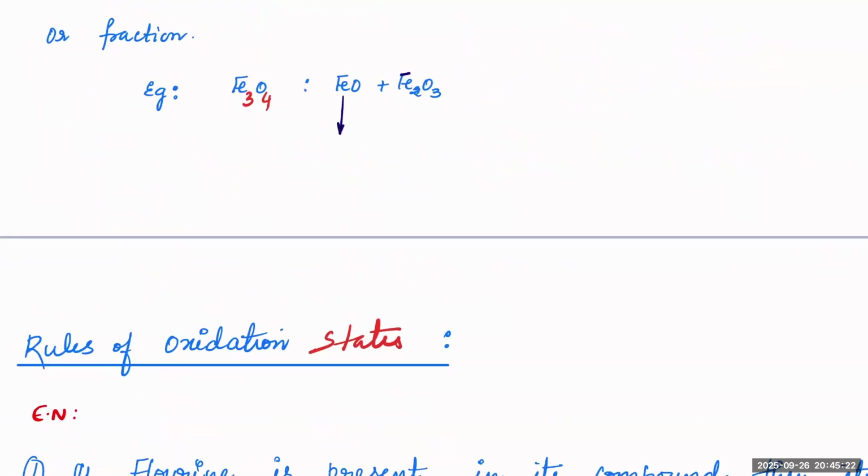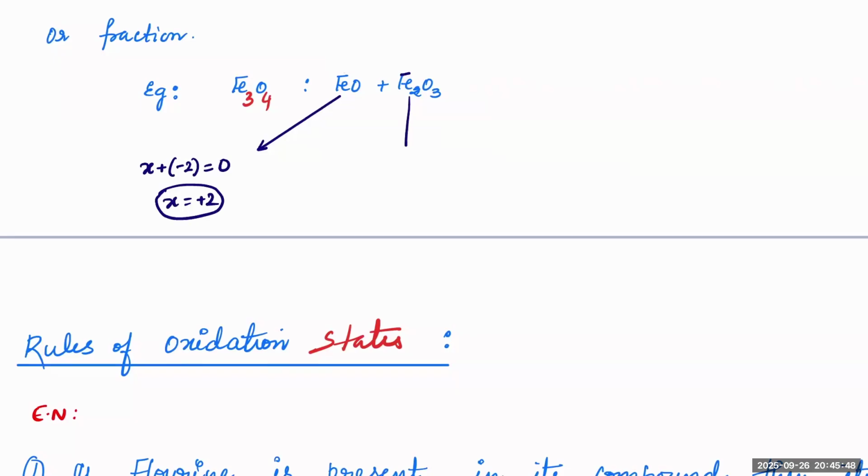Now, iron has an oxidation state here. Let's say the iron oxidation state is X, plus oxygen always tries to make a double bond. That means it will always gain two electrons towards itself, and overall is 0, which means the charge on iron here is +2. So this is the oxidation state of iron.